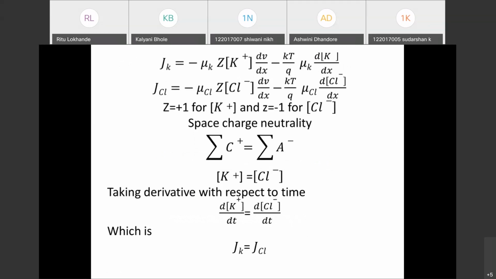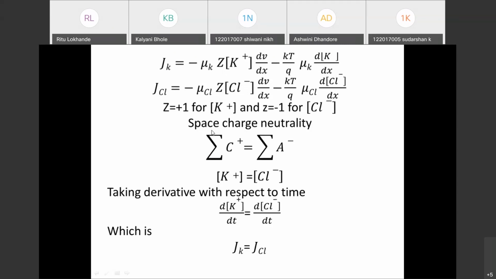Using Fick's and Ohm's law, we have derived the total flow rate for K. Similarly, the total flow rate for the chloride ion is also defined, the same one from which we started the previous one. Here also Z is equal to +1 for K plus and -1 for Cl minus.